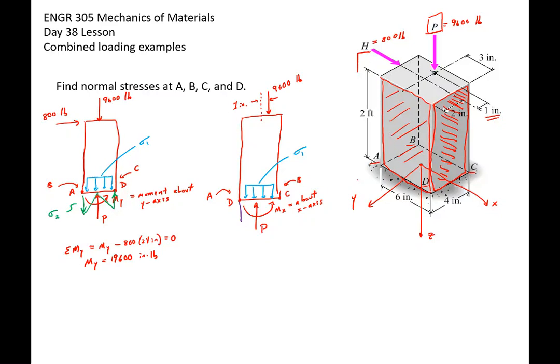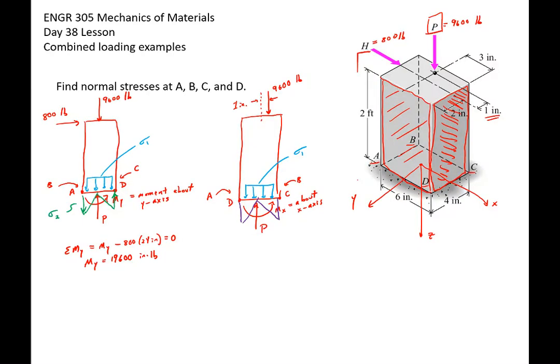I'll have a flexural stress now from this mx. Like we had before, I've got a compressive stress on this side and a tensile stress on this side, and that one I will call sigma 3.